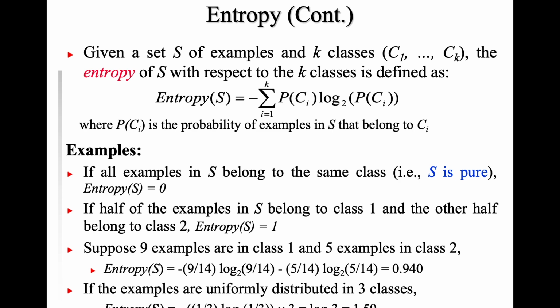It's half. So the probability here is this, for class 1, PC1 multiplied by log of this, right? And you have the same for the second class.